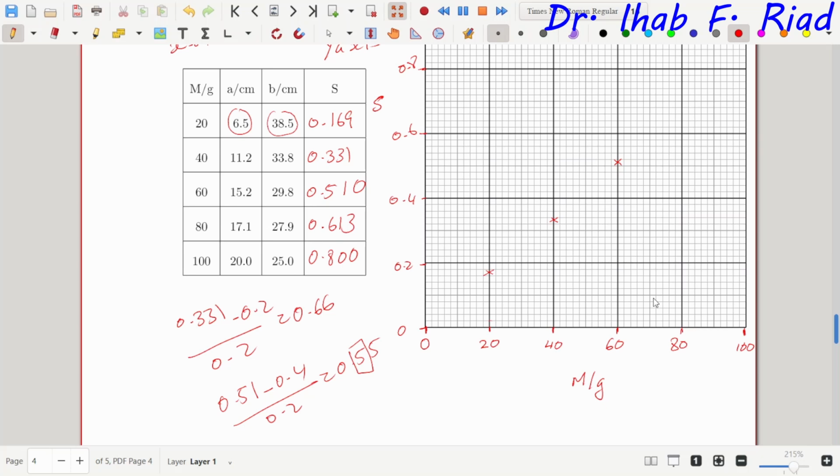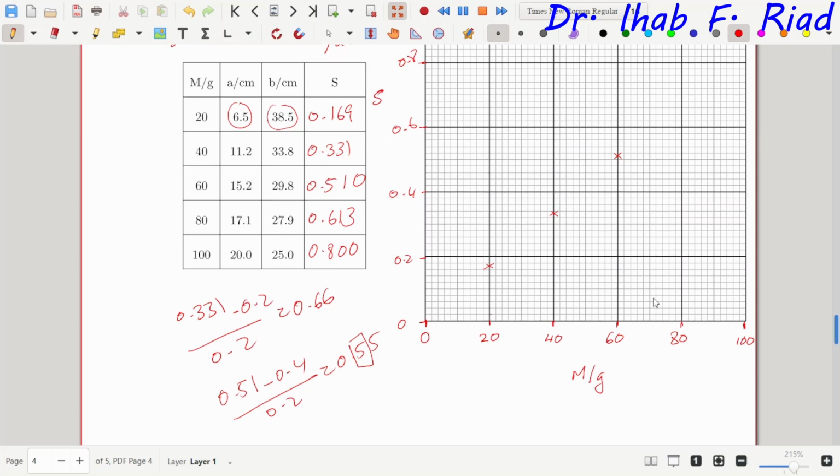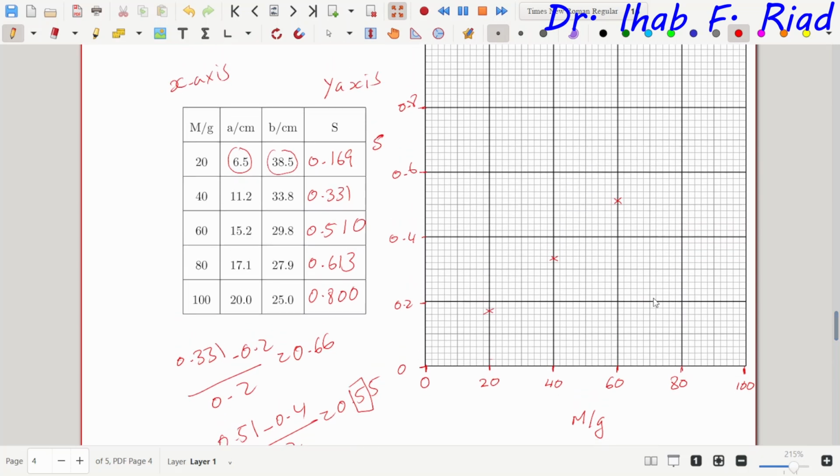It is 80 and 0.613. So we know it is around here.